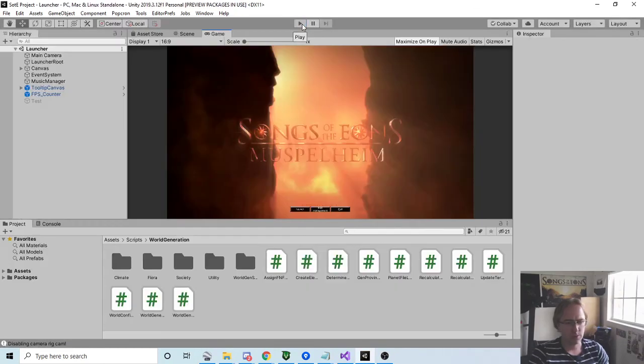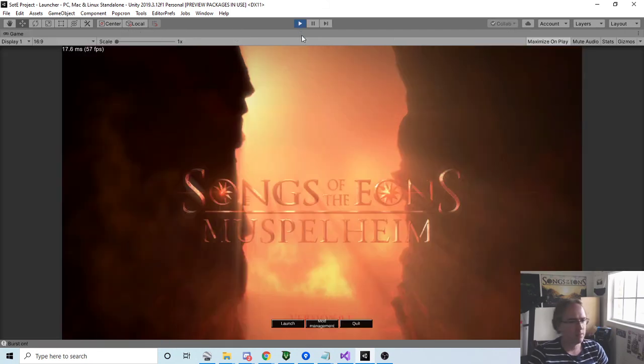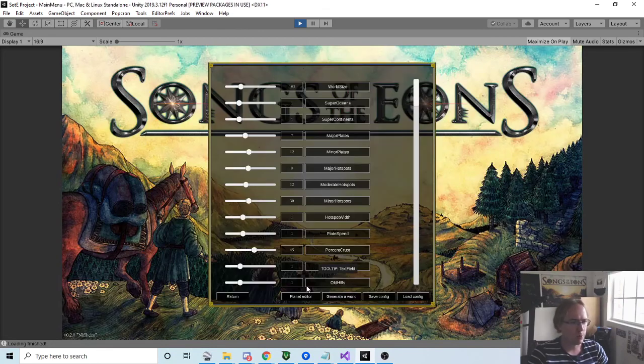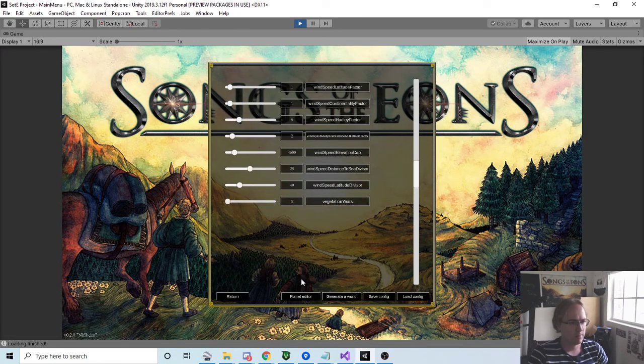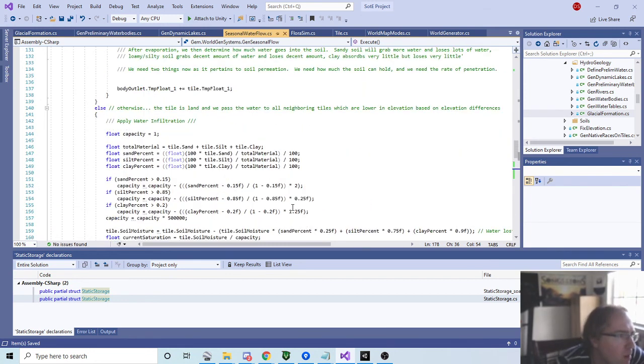Yeah, I think one of the issues here is we're not letting any water drain. Could have sworn we had calculated a factor for it, which is confusing to me. Hold on.